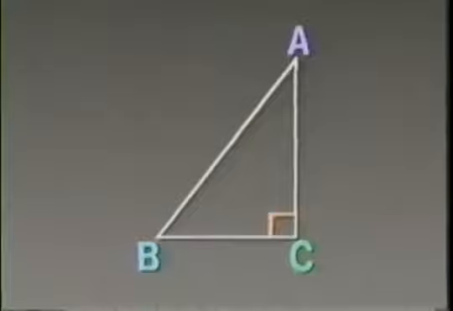To work with these ratios, we must use right triangles. Right triangles have one 90-degree angle. The hypotenuse is always opposite the right angle. The names of the other two sides depend on which acute angle we're talking about.